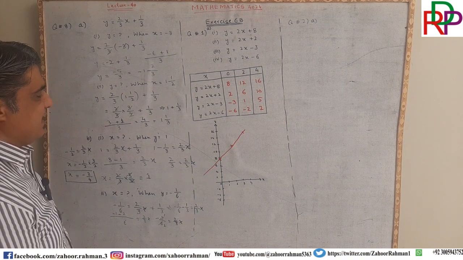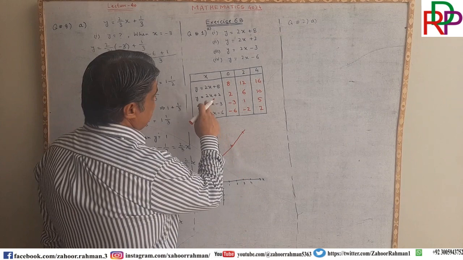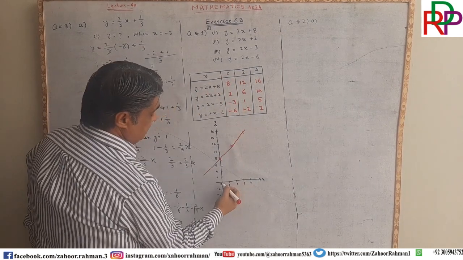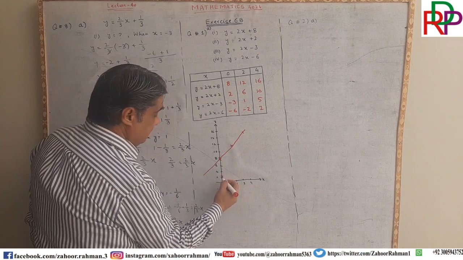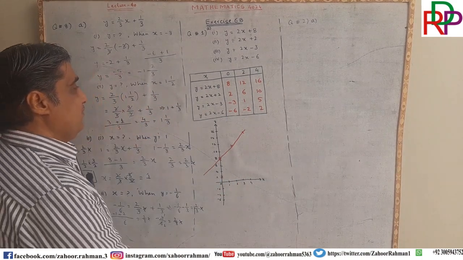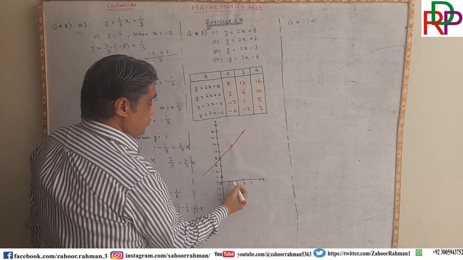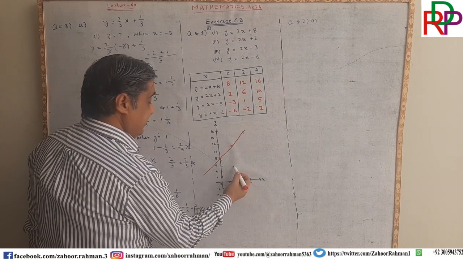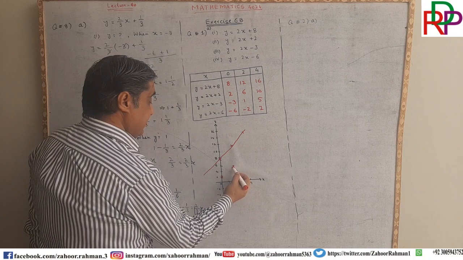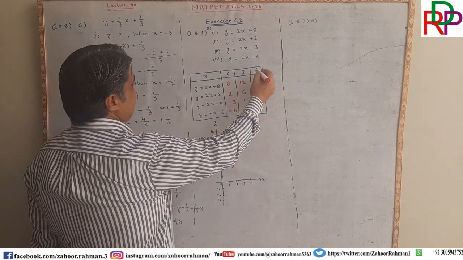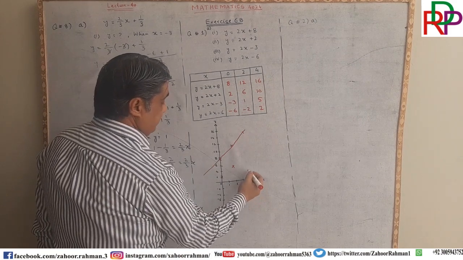Ladies and gentlemen, now let us turn our focus to the second. When x is equal to 0, y is equal to 2, and this will be the point. When x is equal to 2, y is equal to 6. So 2 steps, and here it is 6, and this will be the point. When x is equal to 4, y is equal to 10.